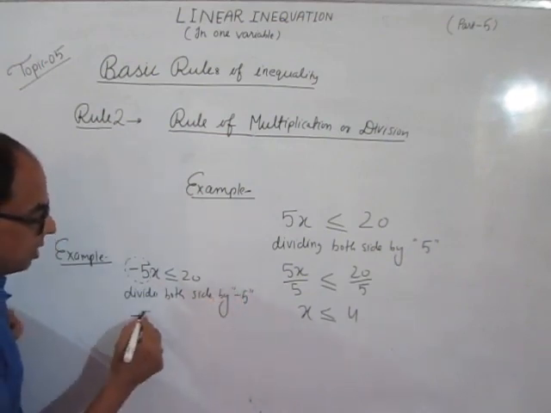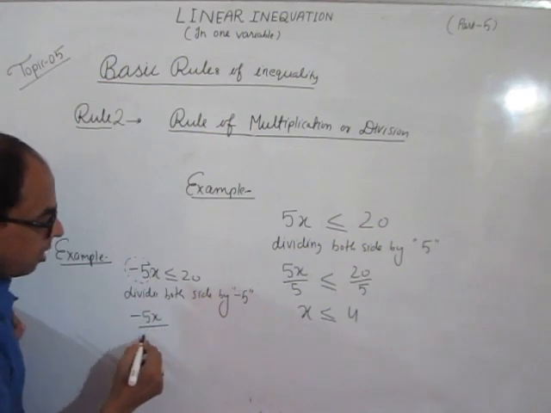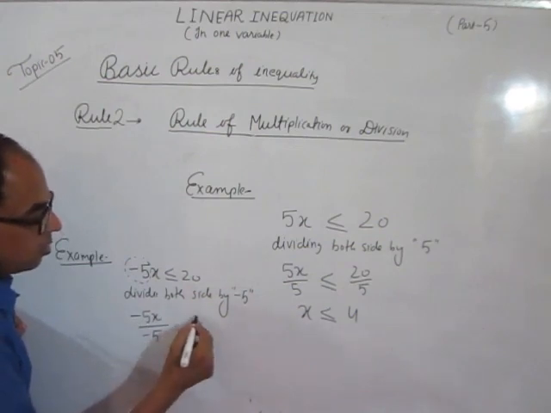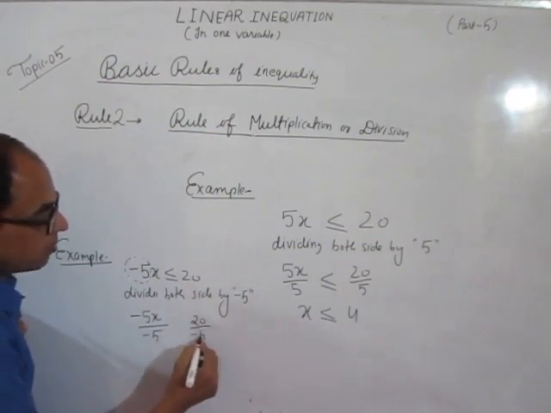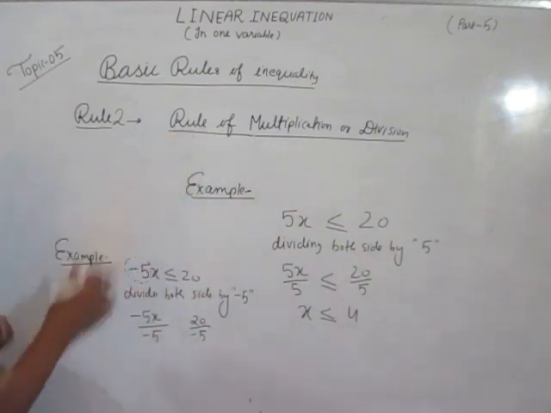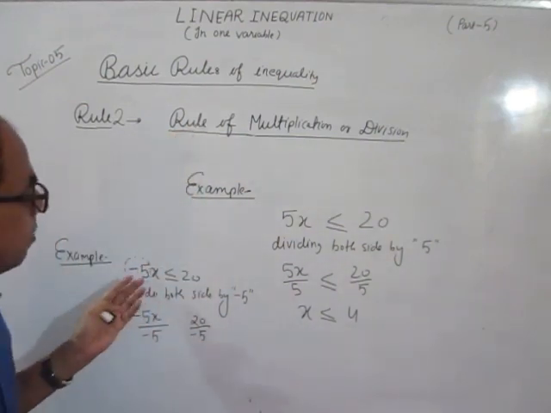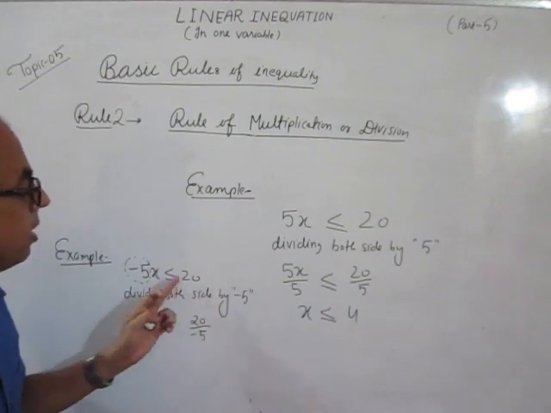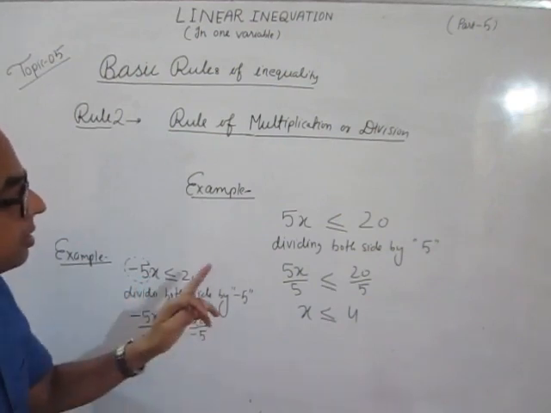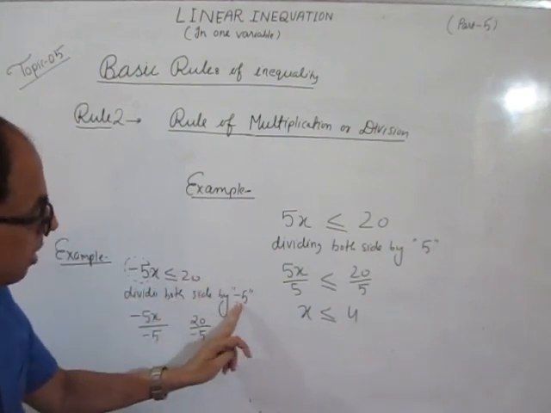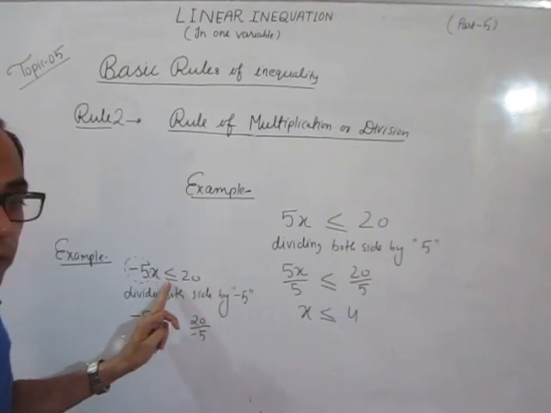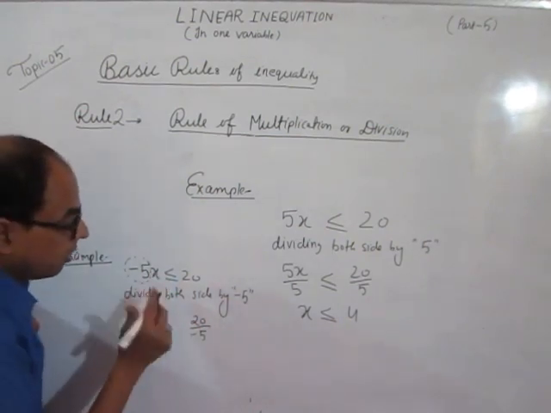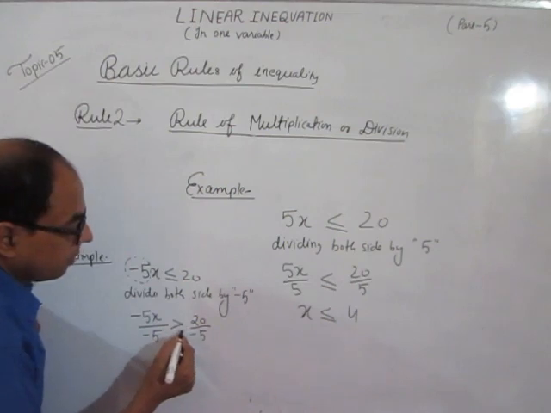So it will be minus 5x by minus 5, 20 by minus 5, and according to this rule, when both sides of an inequality are divided by the same negative number, the sign of inequality reverses. So reverse the sign of inequality.